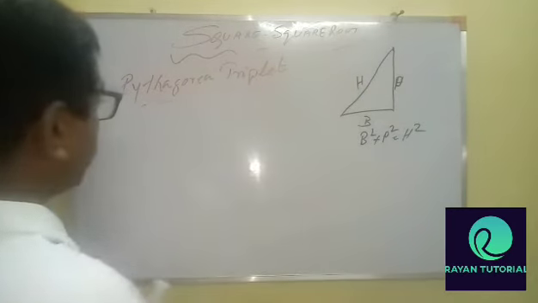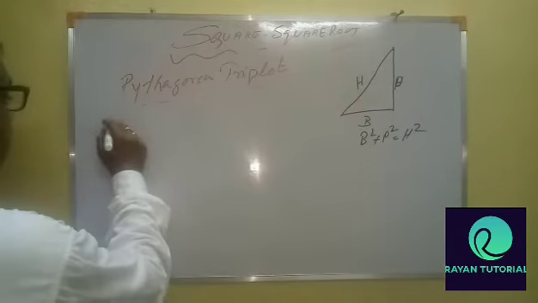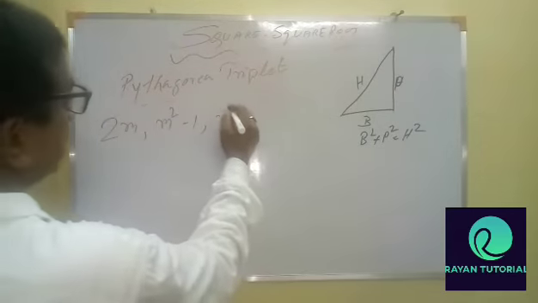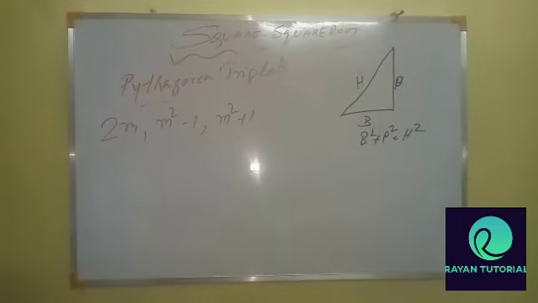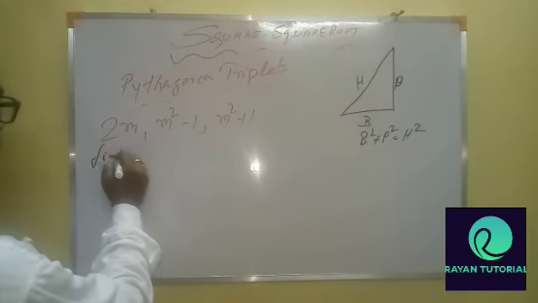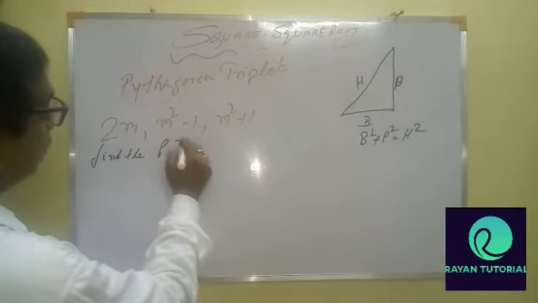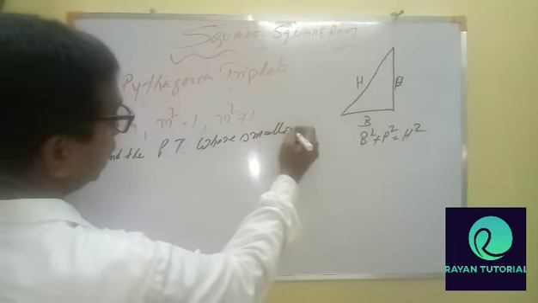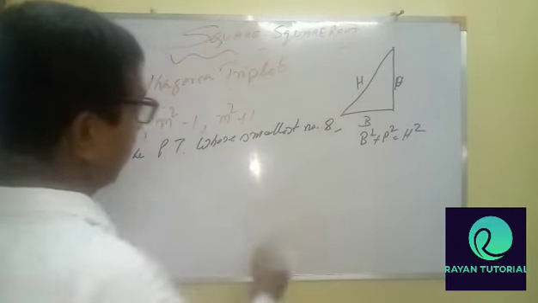Okay, so for Pythagorean triplet, you remember one thing, that is 2m, m square minus 1 and m square plus 1. Let me copy the sum. Find the Pythagorean triplet whose smallest number is 8.